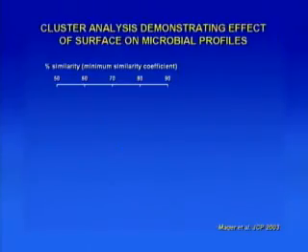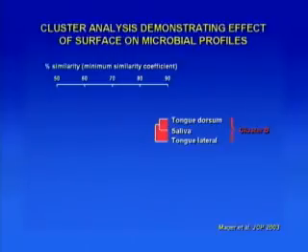And if one does a cluster analysis, which again is looking at associations among bacterial species, associations among the microbial profiles, we can see that the tongue dorsum, saliva, and the lateral tongue had very similar microbial profiles.